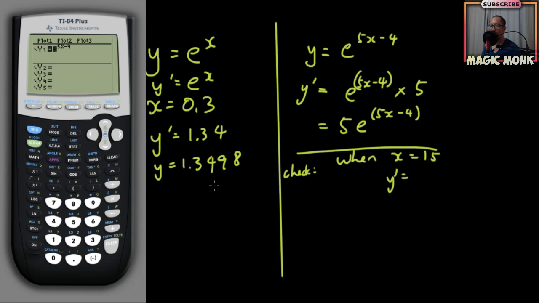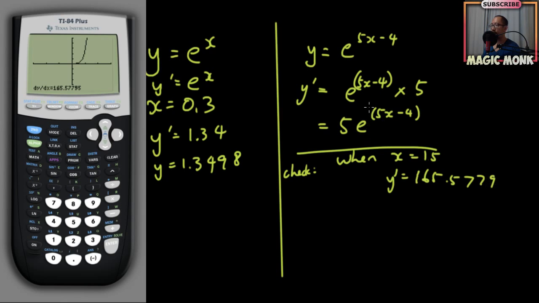So graph, then you go to second calc, number 6 for derivative, when x is equal to 1.5. Oh, the gradient is 165.57. What a huge number.